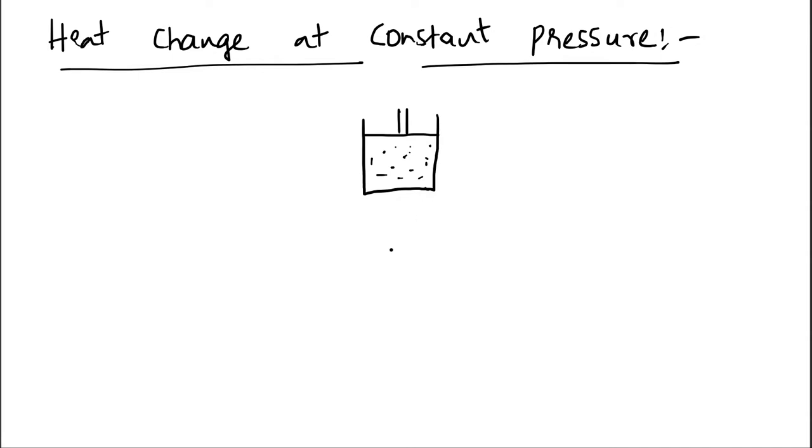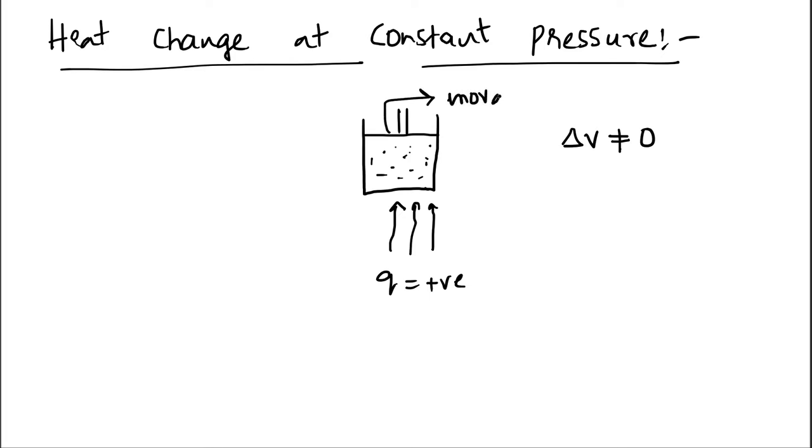Now here, when the system is taking the energy, Q is positive, let's assume, and let's also assume that the system is performing work. Let's say there is some work done, so there will be some volume changes. Delta V is definitely not 0 because this is not rigid, this is a movable, flexible piston.